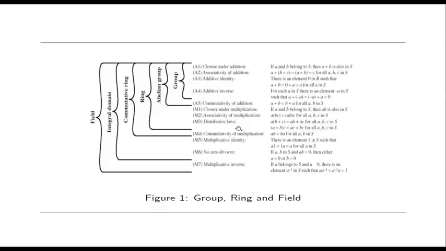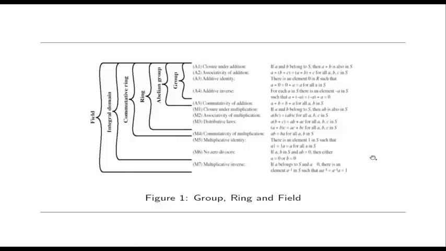If it is a commutative ring, then dot is also a commutative operator, A dot B is equal to B dot A. Then for an integral domain, we have the multiplicative identity: A dot 1 is 1 dot A is equal to A, and no zero divisors.